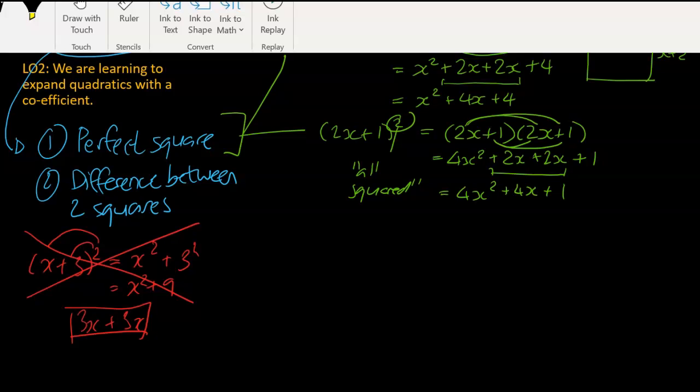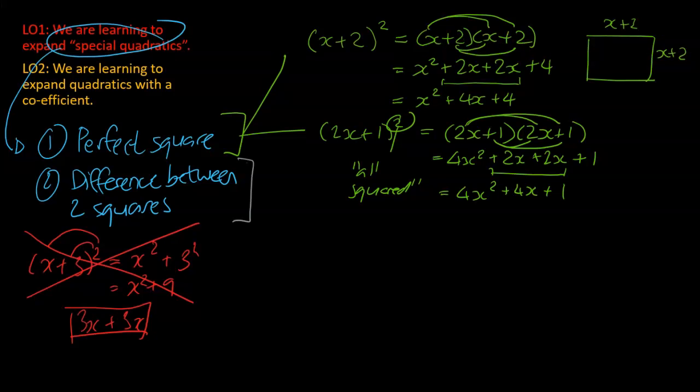Okay, so we're going to change pen color again. Let's look for maybe the grey marker. And we're now going to look at this thing called the difference between two squares. The example we're going to look at, a nice easy one, is (x + 4)(x - 4). The key thing I want to note that makes this one unique is the numbers inside.